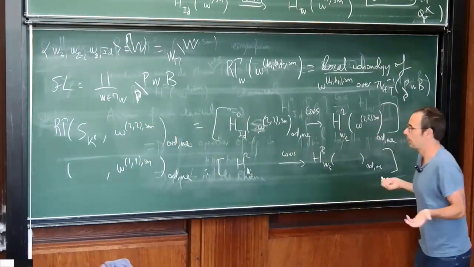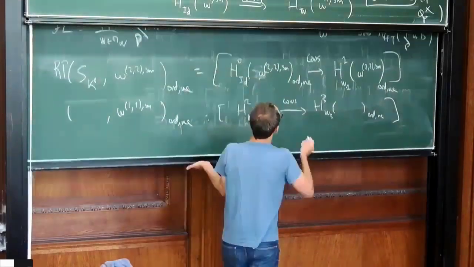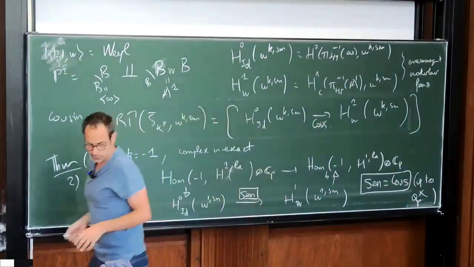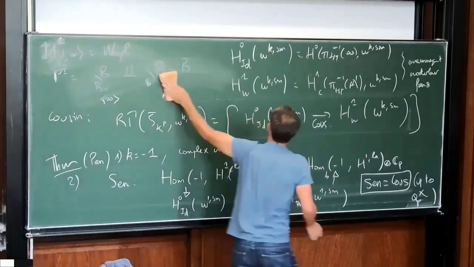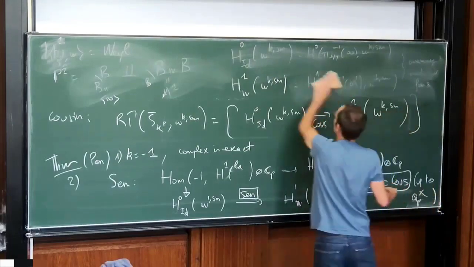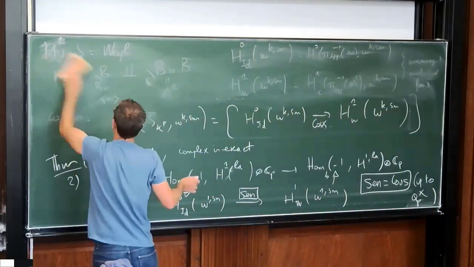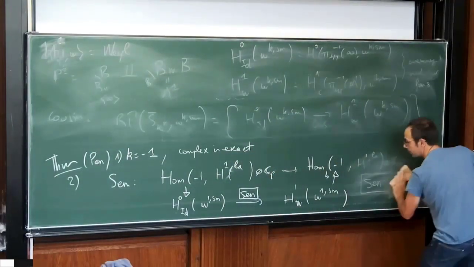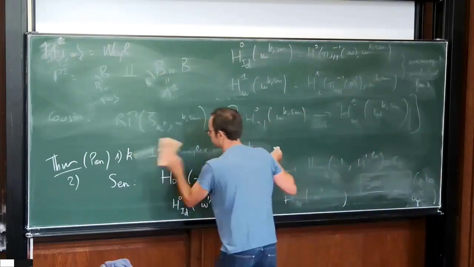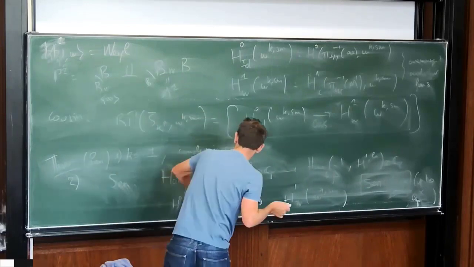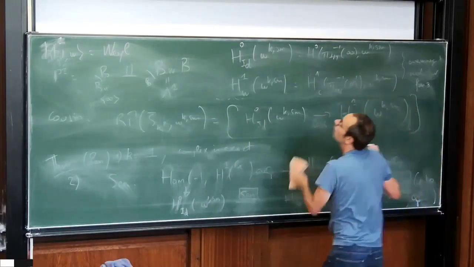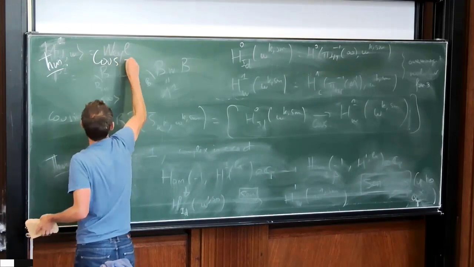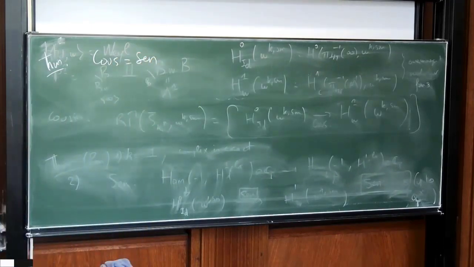So now, unsurprisingly, our second theorem is that the Cousin map and the Sen map agree. Let me be a bit precise.